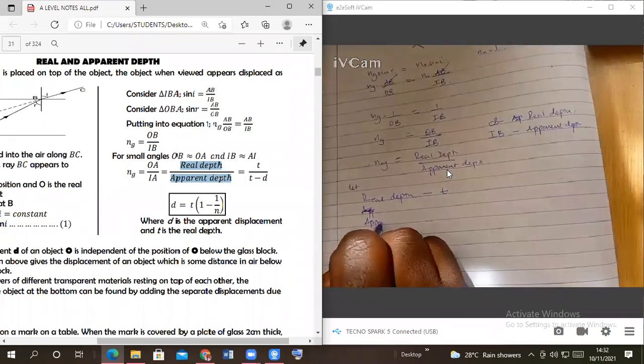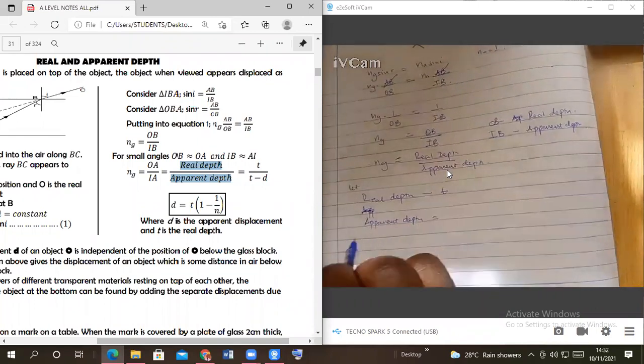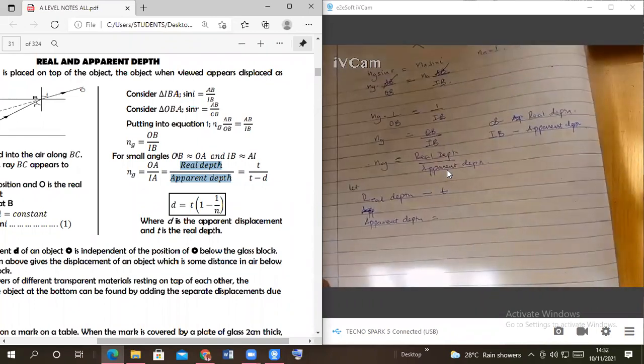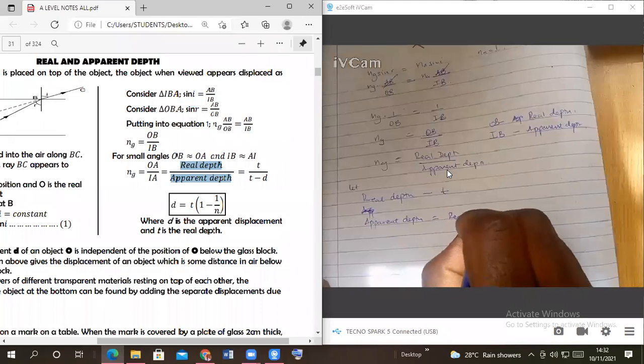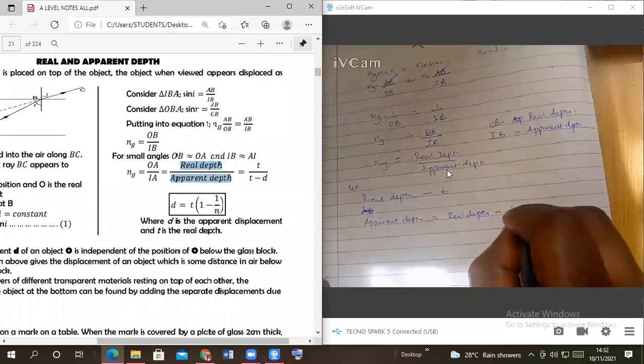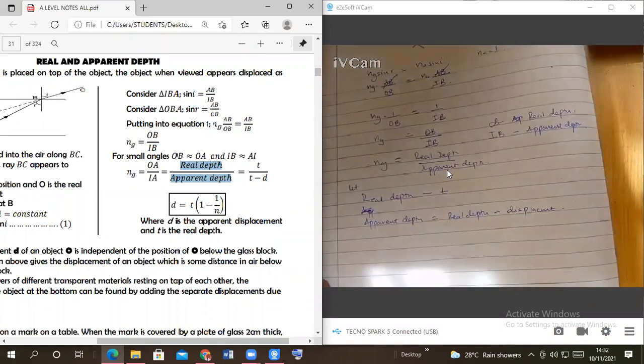Apparent depth, of course, shall be given by the real depth minus the displacement, or the apparent displacement. Now, what is that displacement I'm talking about?